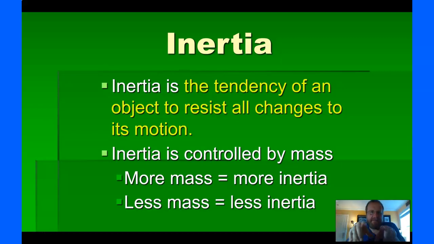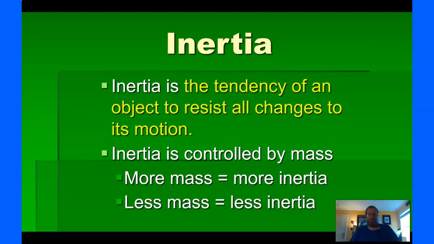Find a place to write this down. The only thing that controls the inertia of an object is its mass. More mass, more inertia. Less mass, less inertia. Nothing else controls inertia. Only mass. I could say it again, but do I really need to? No, I didn't think so. Okay, y'all got it, right? Good.